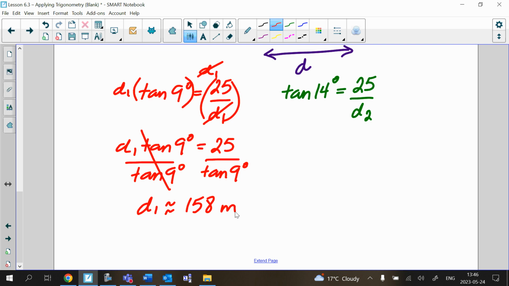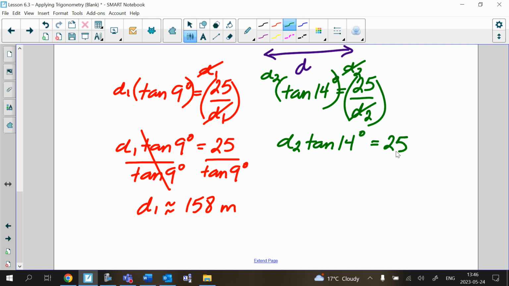D2 is going to tell me how far the boat was out 1 minute later. So I solve it pretty much the same way that I solved the first one, times both sides by D2. So I get D2 times the tan of 14 degrees is equal to 25.